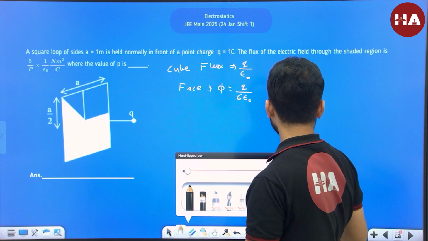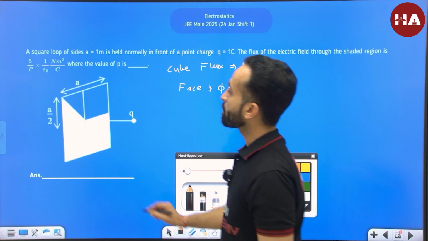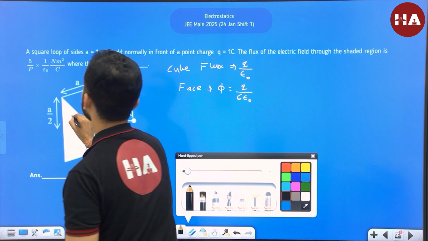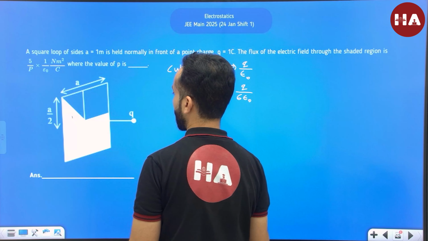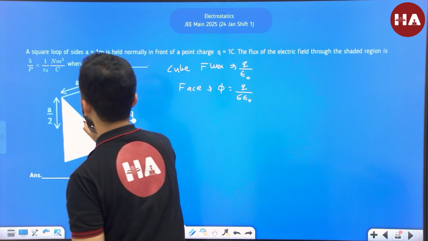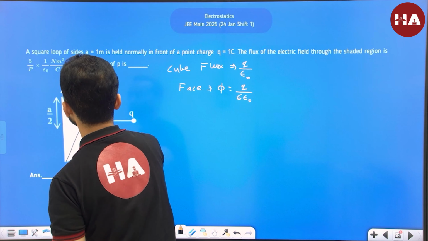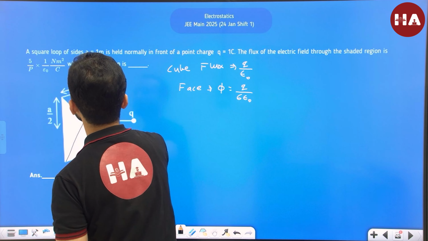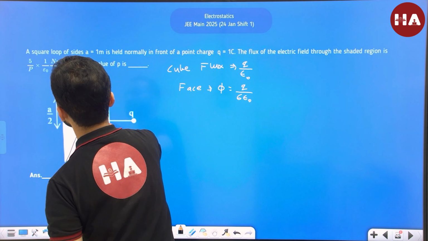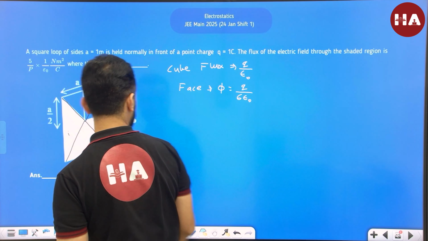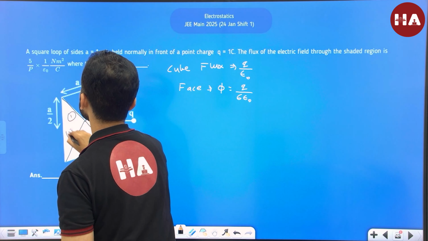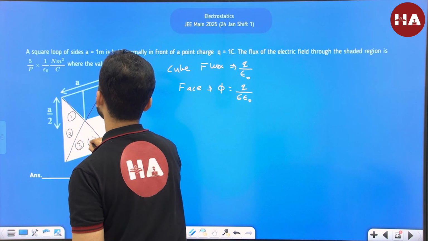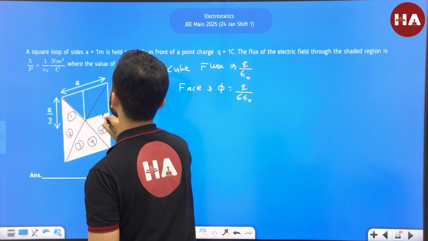Now they are talking about how much is through the shaded region. So let's call this 1. Okay, what we can do here is, let me show it to you like this. Let's divide this. Let's draw these as well. Okay, so if I draw these as well, my dear students, so I can write this as, let's say 1, this is let's say 2, this is 3, this is 4, this is 5, 6.